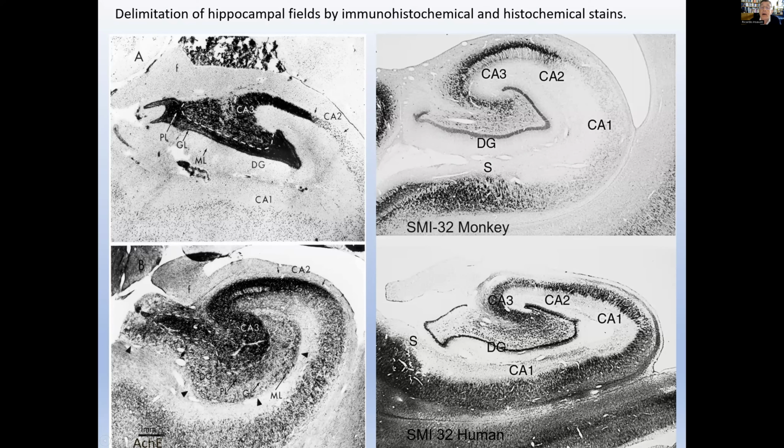Then we have another marker, non-phosphorylated neurofilament, which is SMI32 in the monkey. And then we have also the delimitation of this pyramidal cell layer that stops at CA2, and then it comes again at the subiculum level.